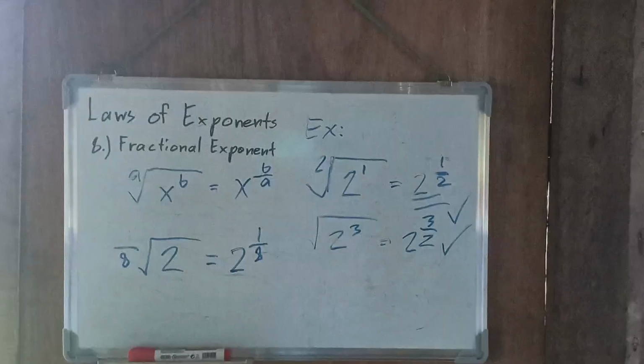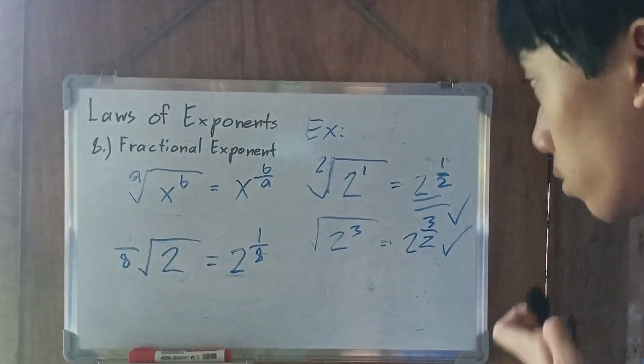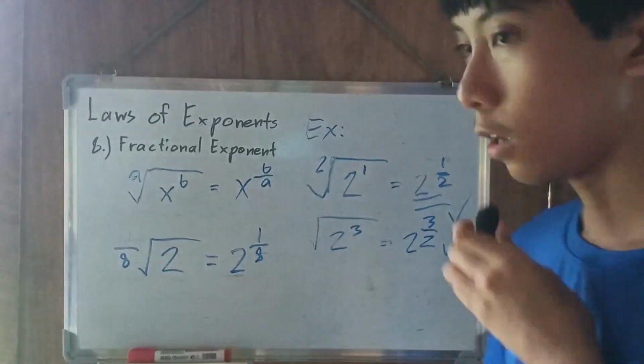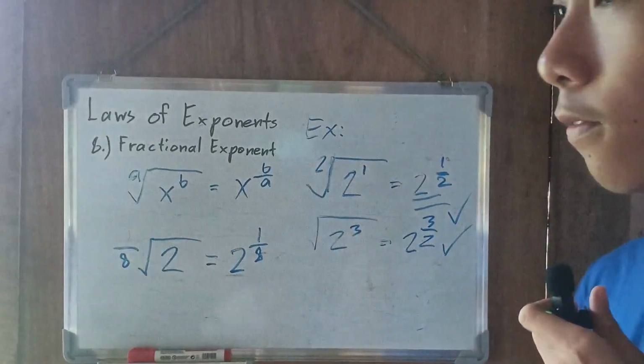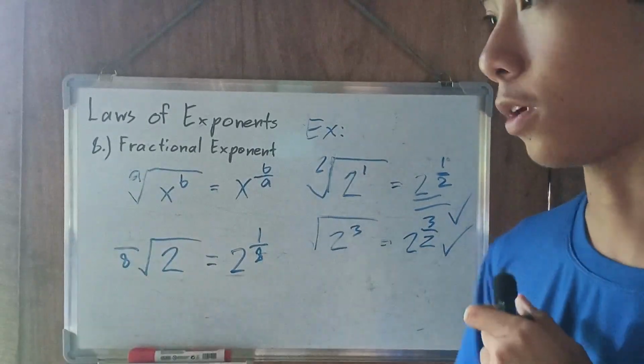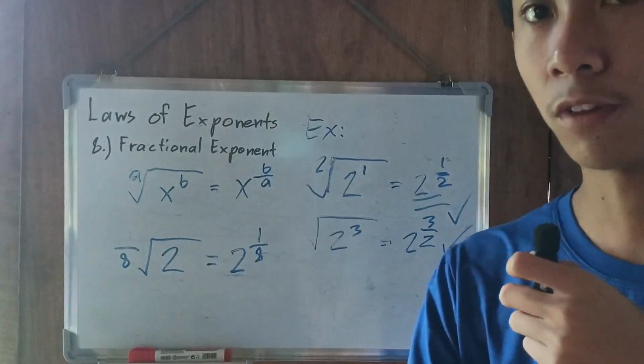I forgot about something, so I'm going to do this. What if the index and the raised power both have a fractional exponent on a constant, since I already did the variable?